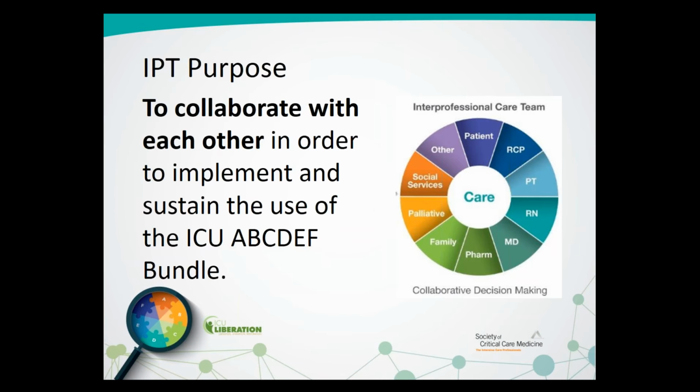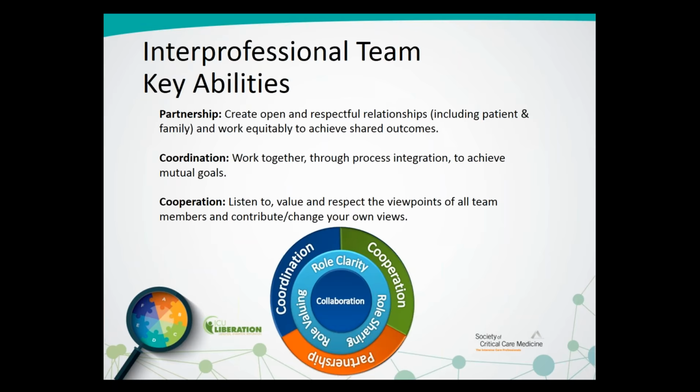So our purpose then is to continue to collaborate with each other, and collaboration often looks like collaborative decision making with all of the roles that you see there on the right. You'll remember we talked about that in more depth last time. And you'll also remember that in order to work as a team interprofessionally, 3 key abilities are necessary.